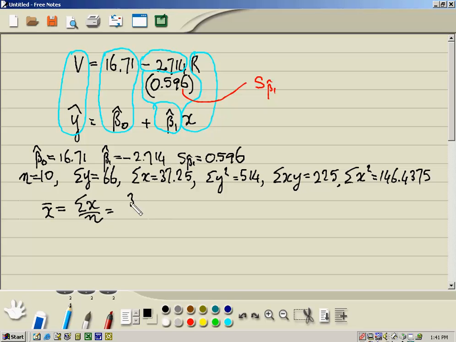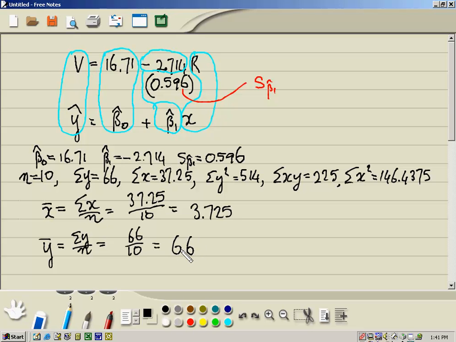Sigma x is 37.25 divided by a sample size of 10, and that's 3.725. Next, y bar is sigma y divided by n, 66 divided by the n of 10, and that's 6.6.